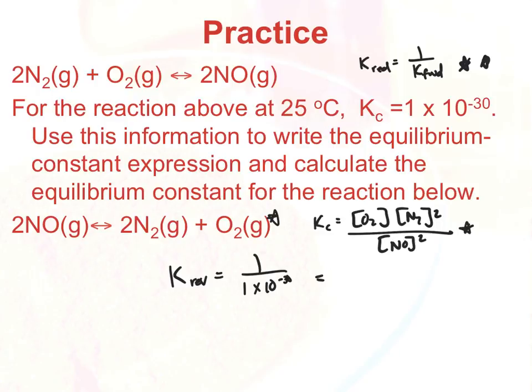When we do that, we end up with 1 times 10 to the 30th. Okay, and so this is our Kc value for this process right here. Notice we didn't have any concentrations, so we didn't have anything to plug in, so we needed to know this relationship in order to calculate the Kc for the reverse process.